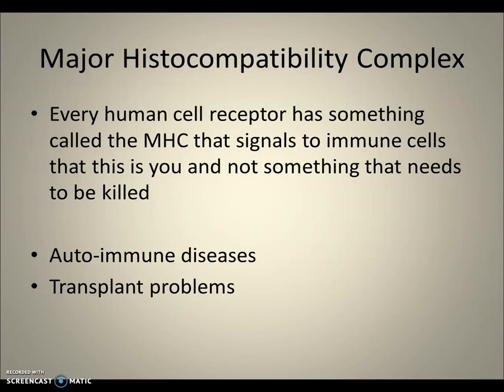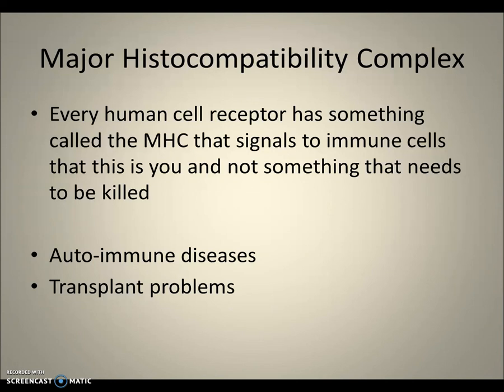Now, I mentioned in the last lecture in class that autoimmune diseases and transplant problems are because of the major histocompatibility complex. An autoimmune disease is when your immune system starts attacking your own cells. This is when this complex has malfunctioned such that the immune cells are not recognizing your own major histocompatibility complex, and they start to damage your own cells, thinking they're foreign.